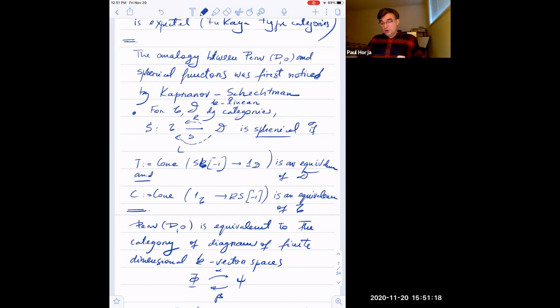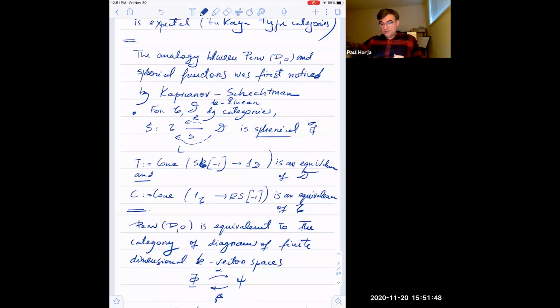So the cones of the usual adjunction that you write down, the two cones T and C, are equivalences. And this was turned into a general definition by Anno and Logvinenko in this way, and the way you should think about T and C is as the usual monodromy functors that you get in classical geometry.